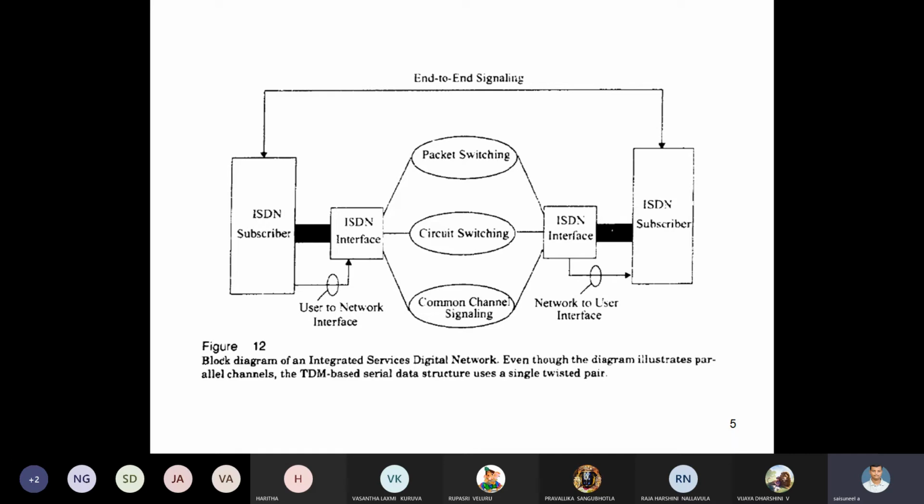The ISDN subscriber to ISDN subscriber has end-to-end signaling to connect the network, by using the ISDN interface. From one ISDN interface to another, we transmit by either packet switching or circuit switching, and the connection takes place by using common channel signaling. That's why they are given as three: packet switching, circuit switching, and common channel signaling. The common channel signaling is used for connection purposes. After the connection takes place, by either packet switching or circuit switching, we transmit data.